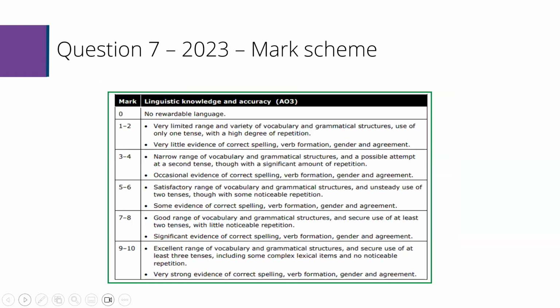And the linguistic knowledge and accuracy, so for 9 to 10 marks, we're looking at an excellent range of vocabulary and grammatical structures and secure use of at least 3 tenses. Okay, so past, present, and future.